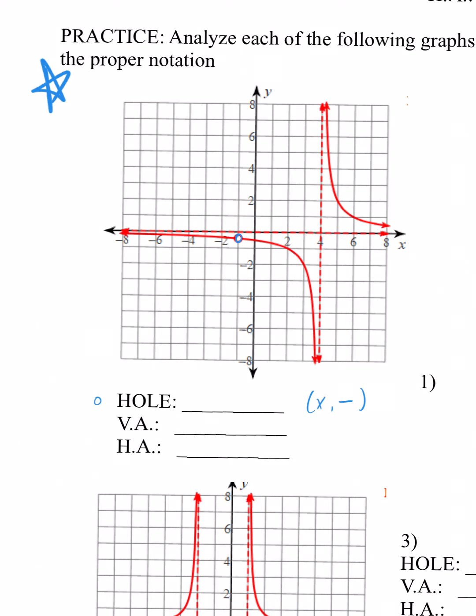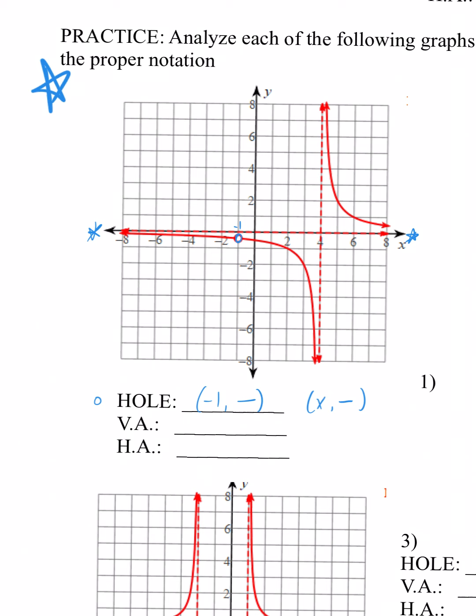So in this case, we only want our x value, okay? And when we're looking for our x value, we're looking where it ends up on this line, okay? Remember, our x always goes left to right, while our y goes up and down. So in this case, my hole is at -1. So my point would be -1, comma, dash.